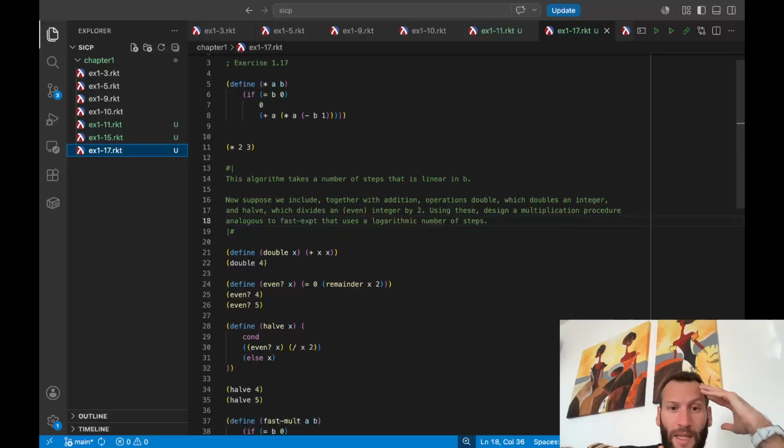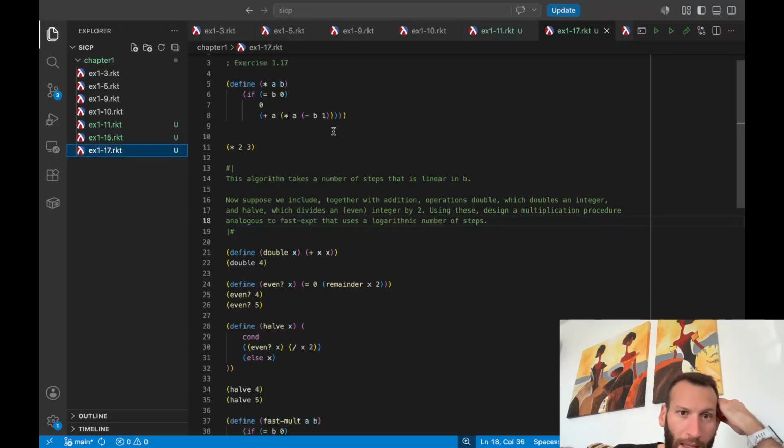This algorithm takes a number of steps that is linear in B. Now, suppose we include, together with addition, the operations double, which doubles an integer, and halve, which divides an even integer by 2. Using this, design a multiplication procedure analogous to fast-exp that uses a logarithmic number of steps.